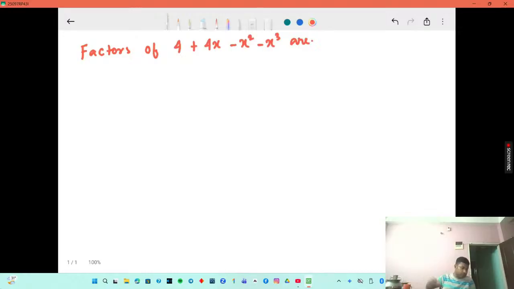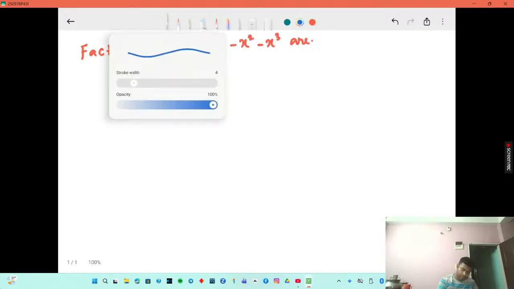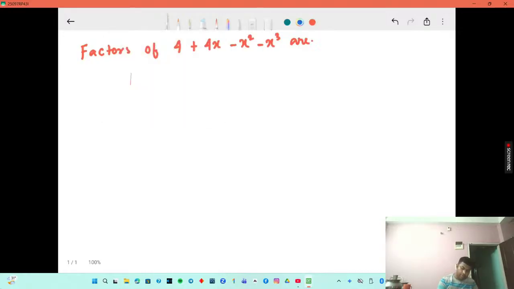So in order to solve this question, basically here we have to find the factors of the given expression.